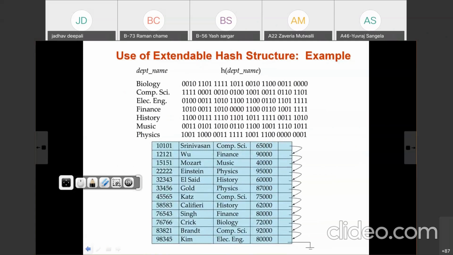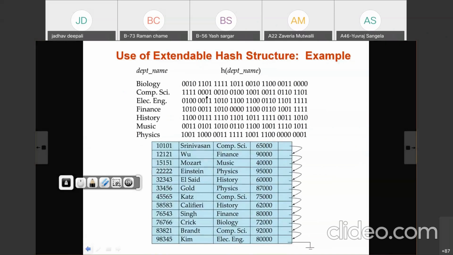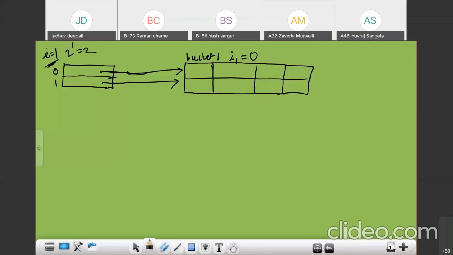What is the hash value of computer science? 1011. First bit we are going to consider only. There is a single bucket, so it goes into the first bucket only. According to the hash value, this record is stored: 10101 Srinivasan.